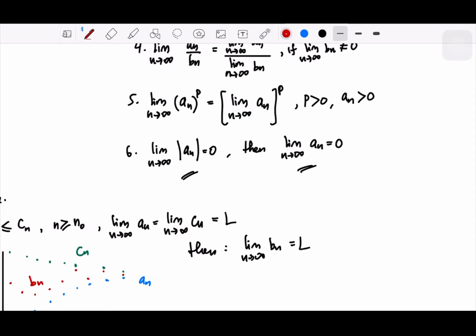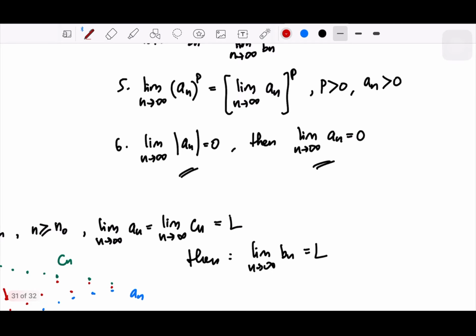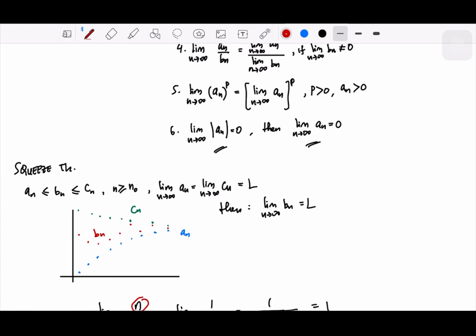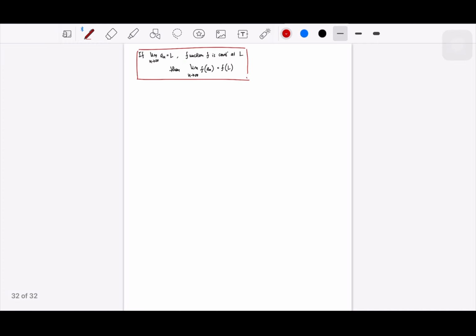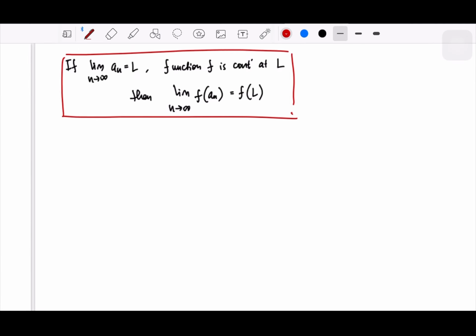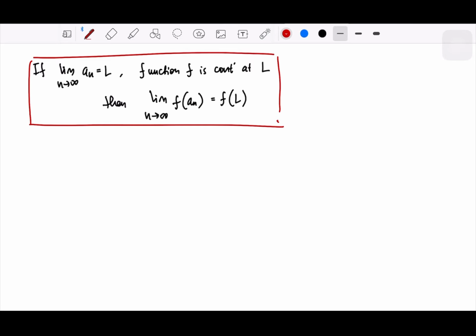Okay. I think number 6 is also important. It's using the absolute value. So if the limit of the absolute value itself is 0, then the limit of the sequence is also 0. Okay, that's just my recap summary, and we have done until here.